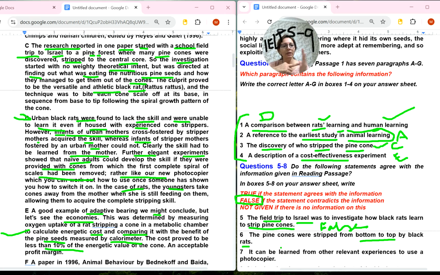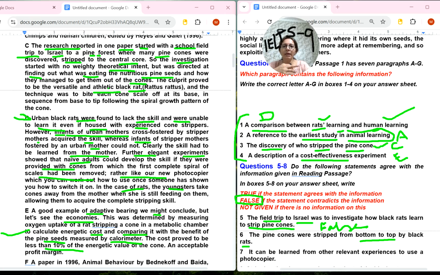And if instead of black rats someone else is stripping the pine cones from bottom to top, then it will again be false. And if they are not talking about whether these were stripped from bottom to top or top to bottom, then it will be not given. So let's say in the same paragraph, in paragraph C, I'm talking.